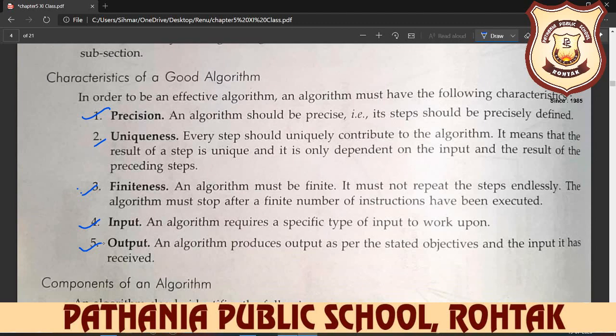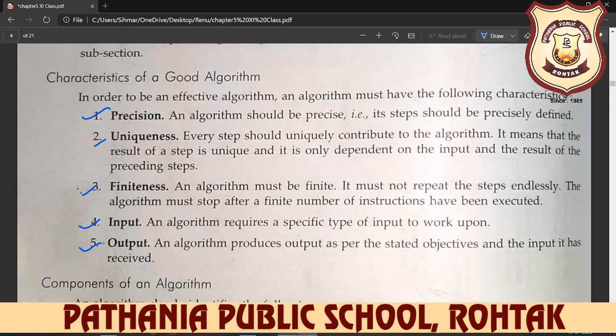Precision: the algorithm should be precise, its steps should be precisely defined. Uniqueness: every step should uniquely contribute to the algorithm. It means that the result of a step is unique and is dependent only on the input and the result of the preceding steps.